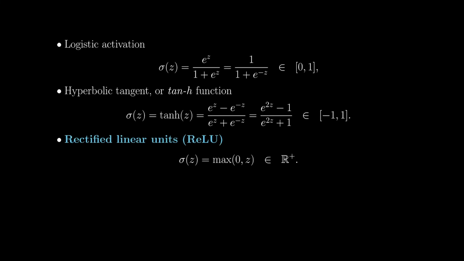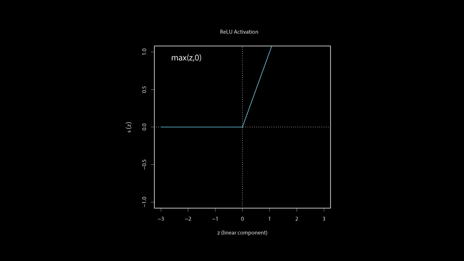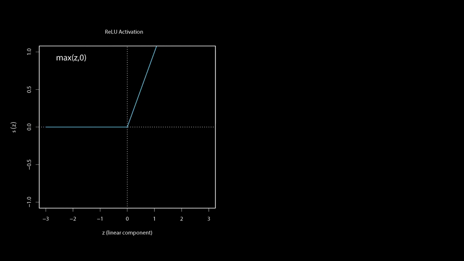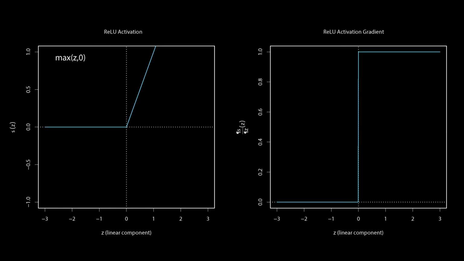Then, finally, another common specification is that of the so-called rectified linear unit, which is essentially the positive part of a linear function and 0 elsewhere. Okay, now, though the specification might seem strange, it does have some merit for training, since wherever the function is non-zero, its gradients are both easy to evaluate and do not suffer from the shrinkage that, say, logistic or tanh functions do in their extremes.